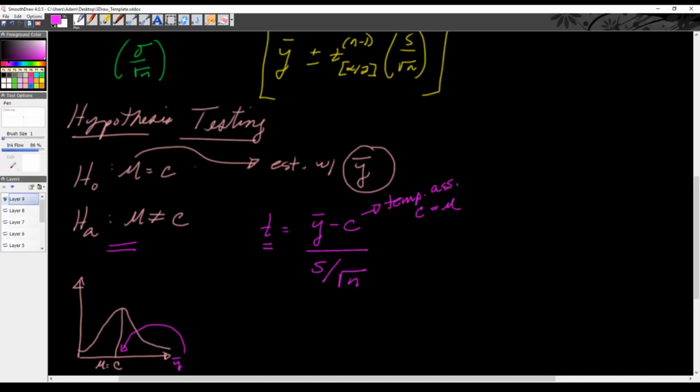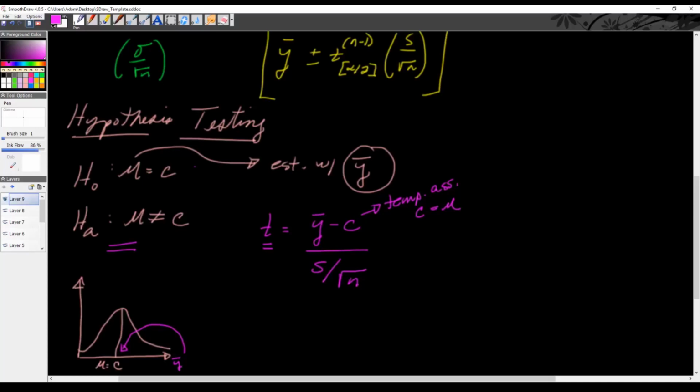On the other hand, if the sample value is very, very close to c, we might not. And when I say very close, what specifically do I mean? When I say y bar is very far from c, what specifically do I mean? I mean close and far in terms of standard deviations. Now we're talking about a sampling distribution, so standard errors.